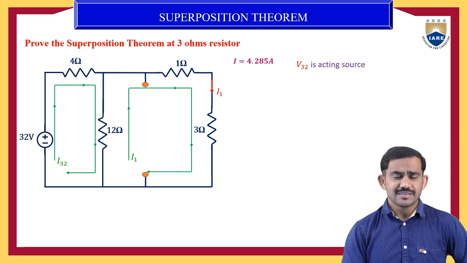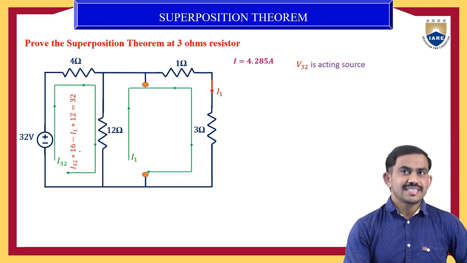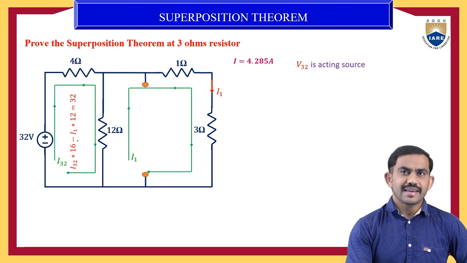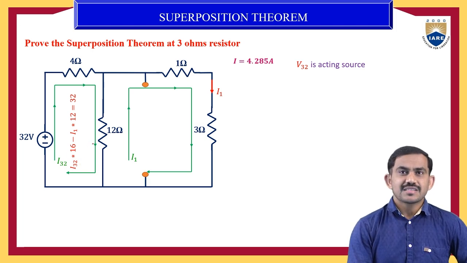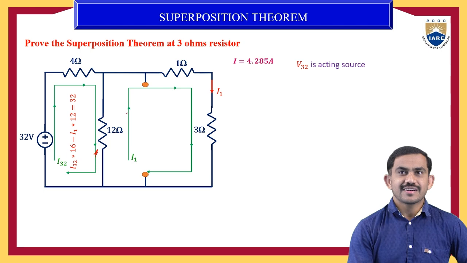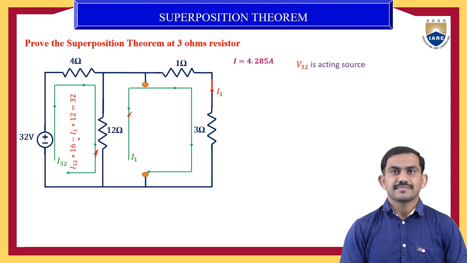So what is the first equation? 32 into 16 minus I1 into 12. Why minus I1? Here the I32 current is in the downward direction and the I1 direction is upward, so we need to write minus.